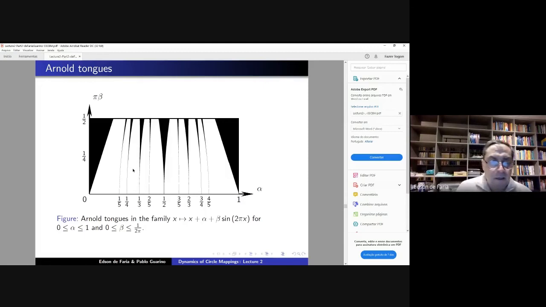So if you fix a beta, this is like fixing a horizontal line. If you intersect it with these tongues, there are tongues everywhere, not just the ones I've drawn here. You get the gaps of the Cantor set, the complement of the Cantor set, okay?